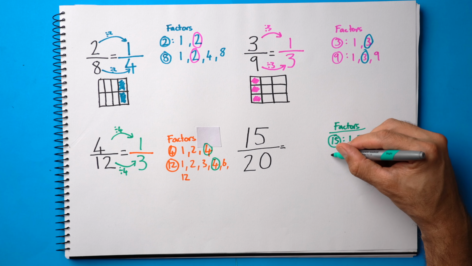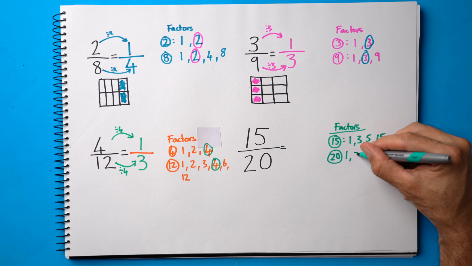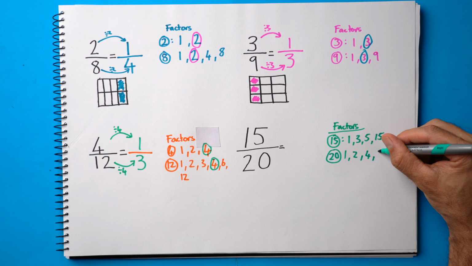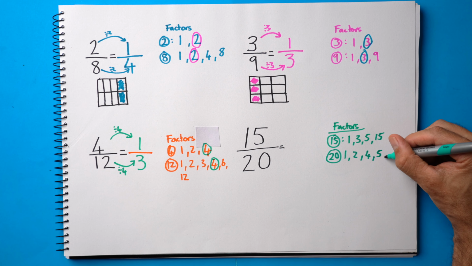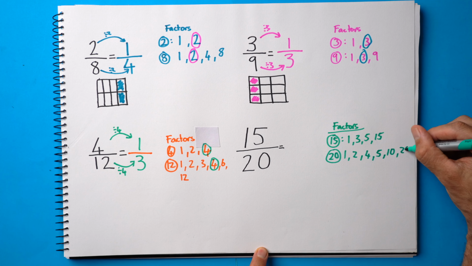And my factors for 20 will be 1, 2, 4, 5, 10, and 20.